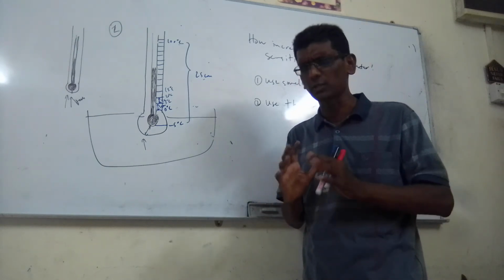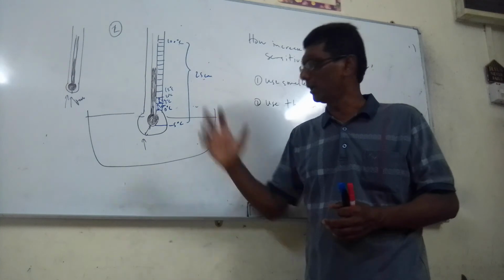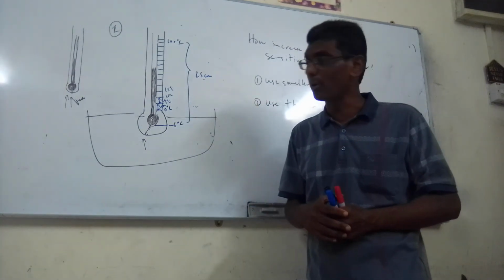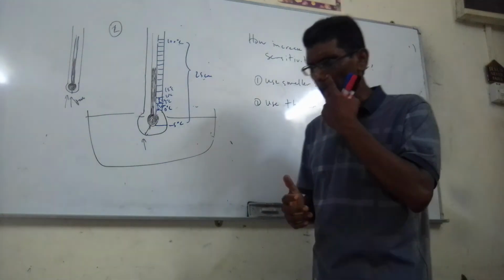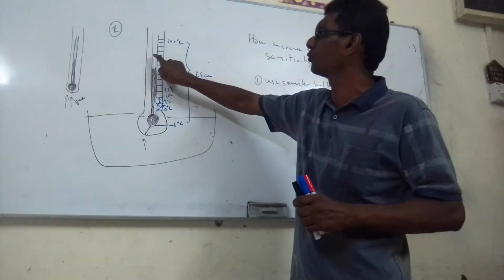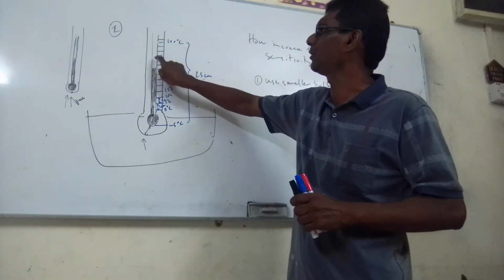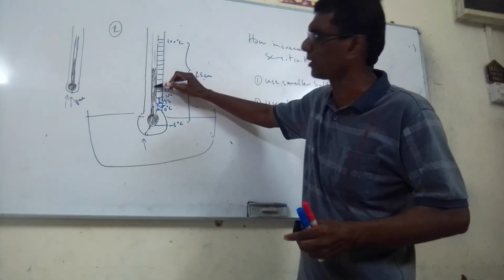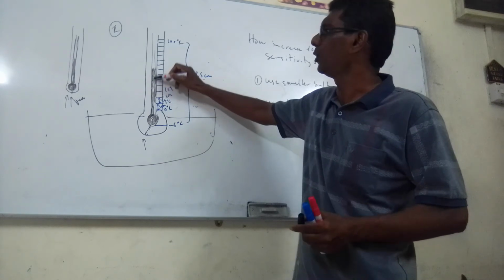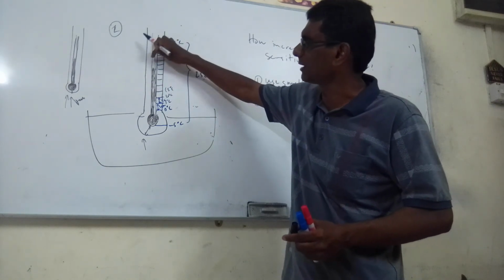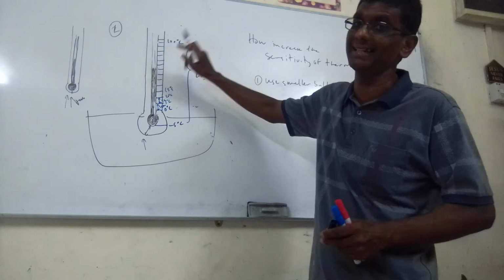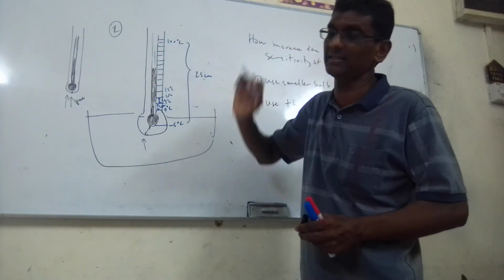So the second reason is having a low melting point. Third reason, it doesn't stick to the glass wall, so the mercury can rise up and go down. It doesn't stick to the capillary tube.